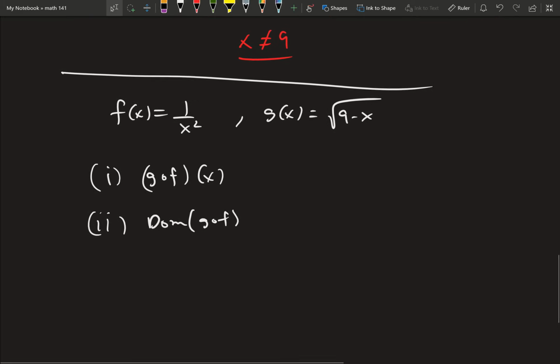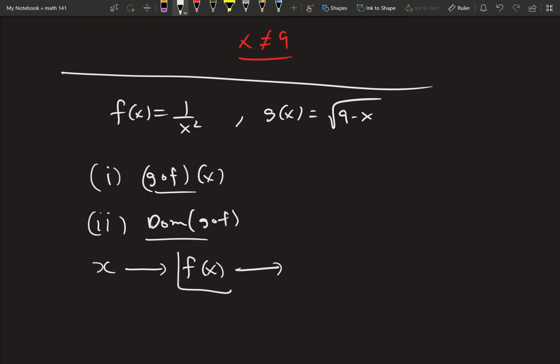Well, how do you do this? Here now, for the domain, before we do the computation, let me just explain what's happening here. Here, x first gets plugged into f, and then f gets plugged into g.